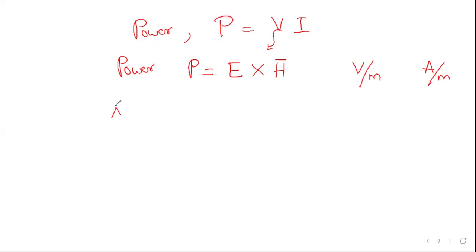So electric field and magnetic field, this is not the way they exist. I'm telling you that spatially they are orthogonal to each other. And in time, they do not exist at the same time. So when the electric field is maximum, the magnetic field will be minimum.